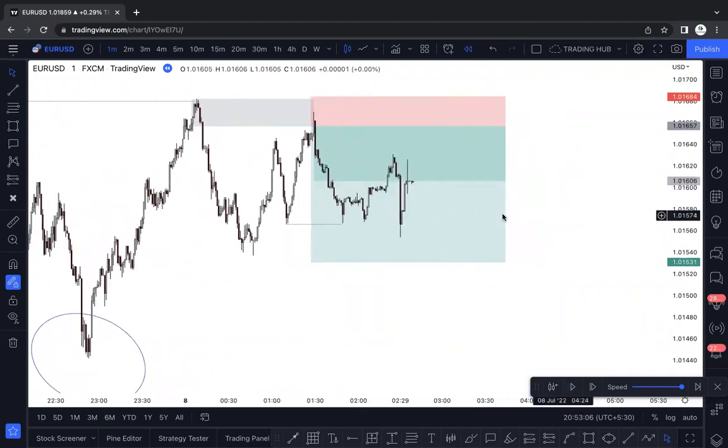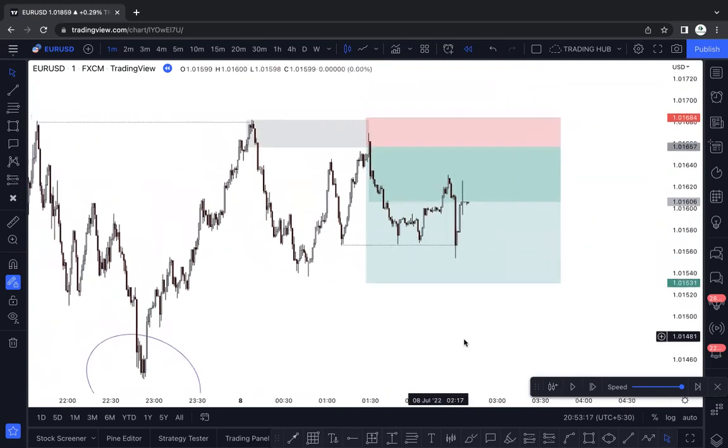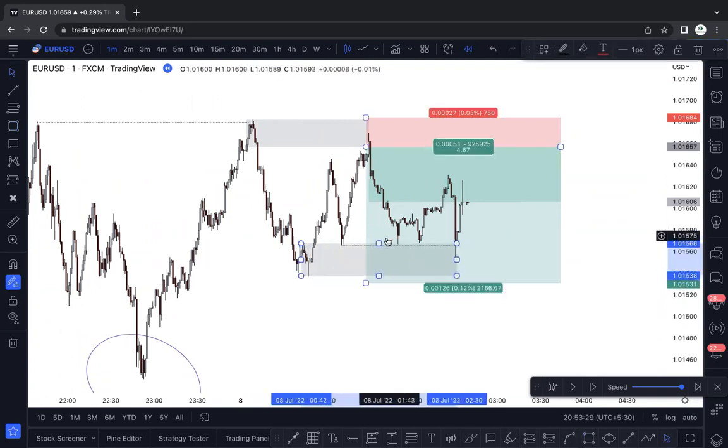Okay, so at this point we can take a little bit of partial or move our stop loss to break even. Correct. And market wants to go higher because you can see here market taking out this equal low, and tapping on this order block, probably on this order flow.